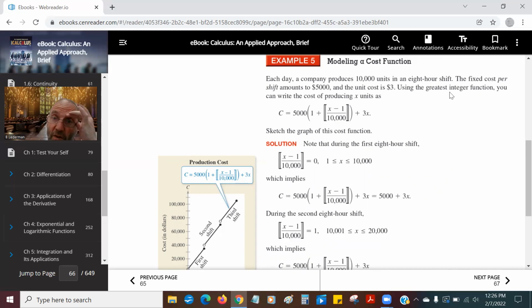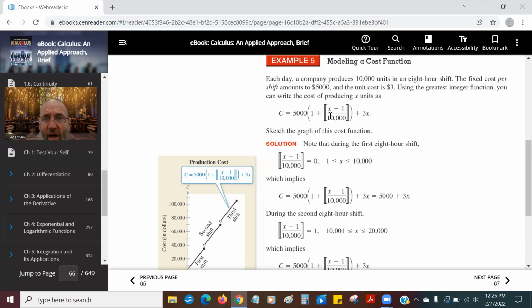Using it, you can write the cost of producing x units as C equals 5,000 times 1 plus the greatest integer of x minus 1 over 10,000, plus 3x. Where they got that formula from, I honestly don't know. Obviously the 3x is the unit cost, and the 5,000 is the fixed cost.